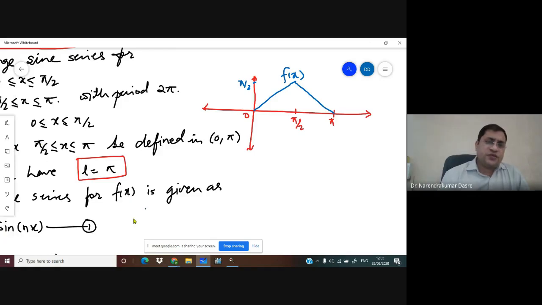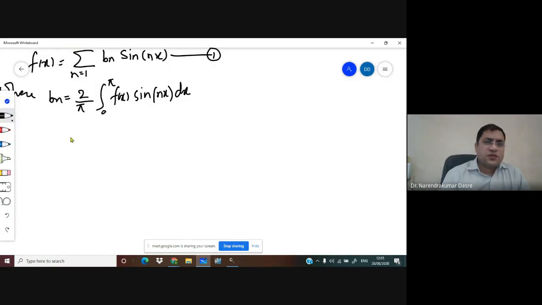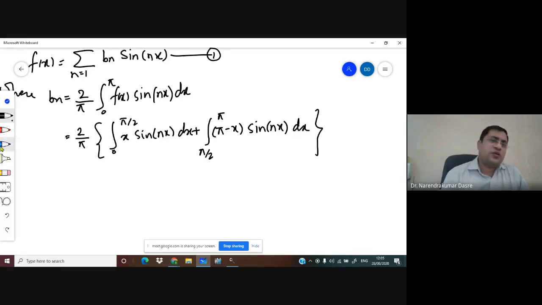So we can have this integral as 2 by pi, and here we have 0 to pi by 2, it is x sine nx dx, plus, from pi by 2 to pi, it is pi minus x and sine of nx dx.